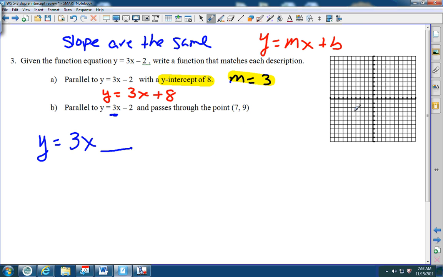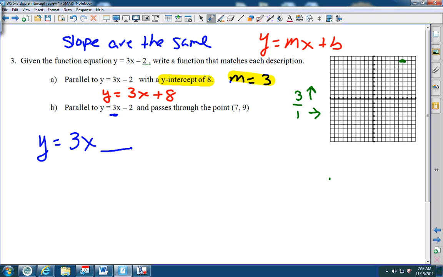One way is to go and plot the point over 7 and up 9. Let's see, it's 10, 9, 8, 7, and up to 9. And then you can work with your slope, which is 3 over 1, up 3 to the right 1. To do this one, you're going to have to go backwards and go down 3 to the right 1, down 3 to the right 1, down 3, all the way until you get to the y-intercept.